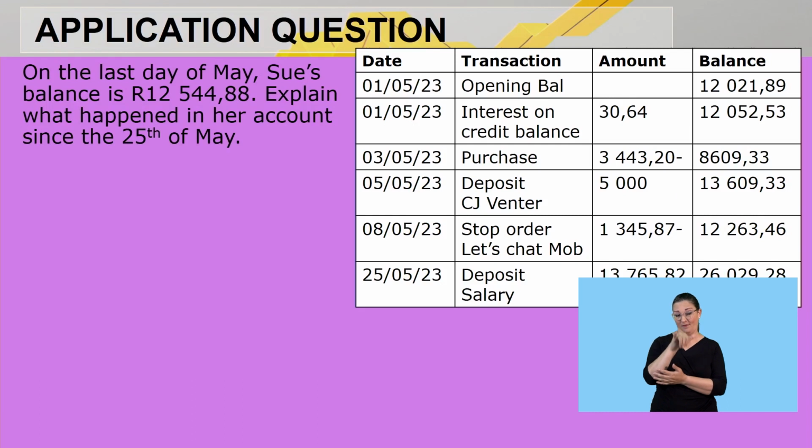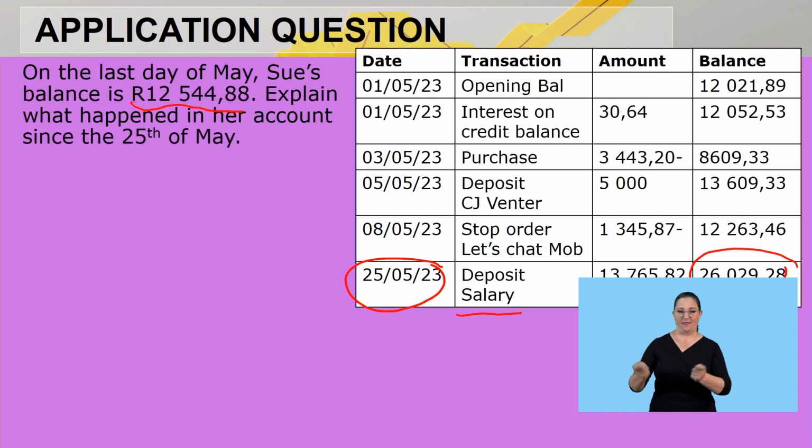So if we look at the 25th of May, we can see that she received her salary and her running balance was R26,029.28. Now, on the last day, it's R12,544.88. Now they ask us what happened in between the 25th and the last day of the month.